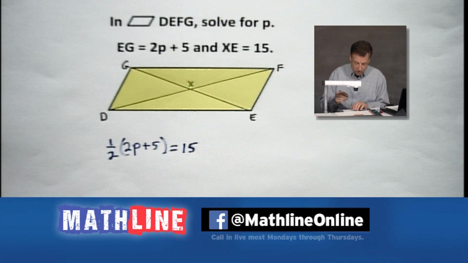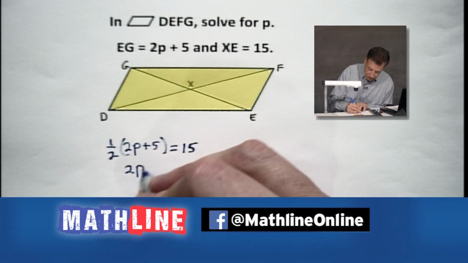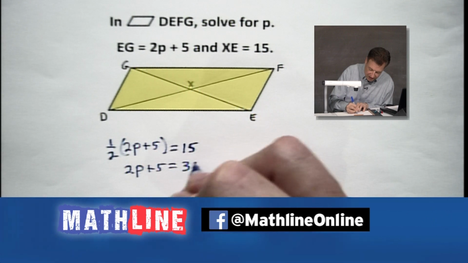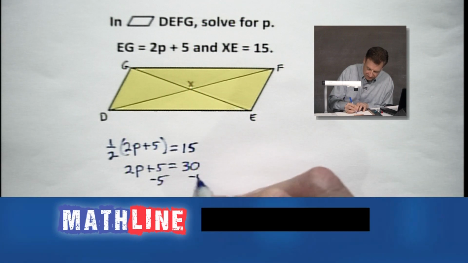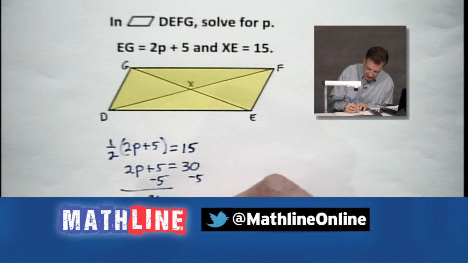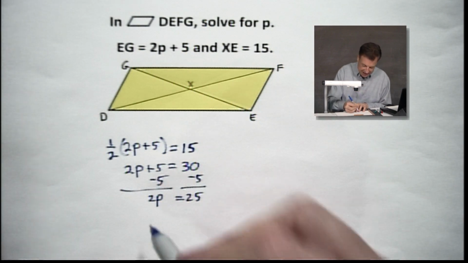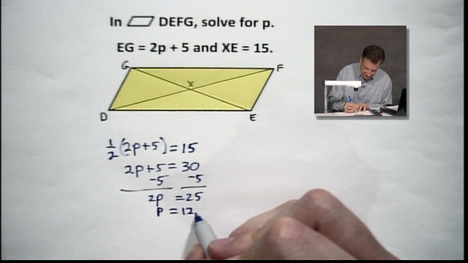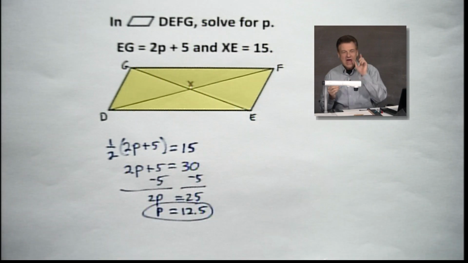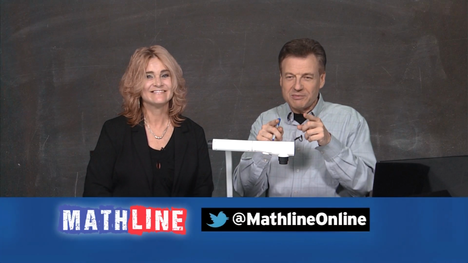Double it real quick: 2p plus 5 equals 30. Subtract that 5, and it's going to be 2p equals 25. And what do we get? 12.5, right? Excellent. There we go. That's the diagonals. It took 2 of them to make things happen.